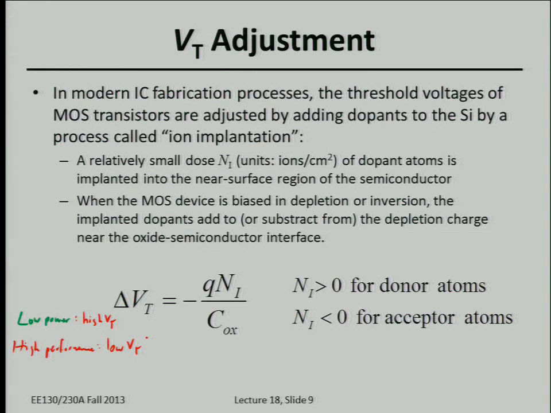For the critical paths on your integrated circuit that limit the speed or throughput, you want low threshold voltage so that they have high on-state current, so the circuits can operate faster. If you have more current in a transistor, you can charge and discharge capacitances faster.